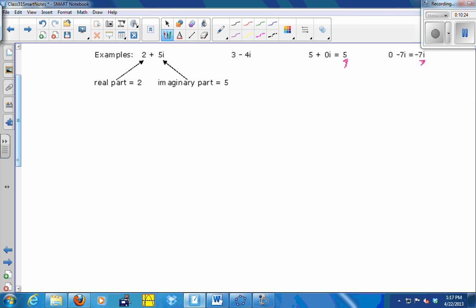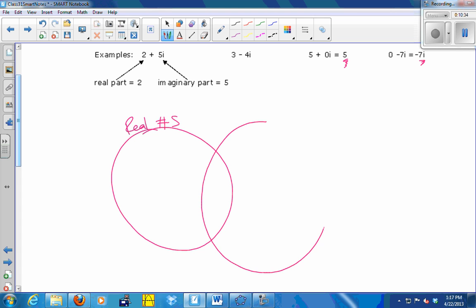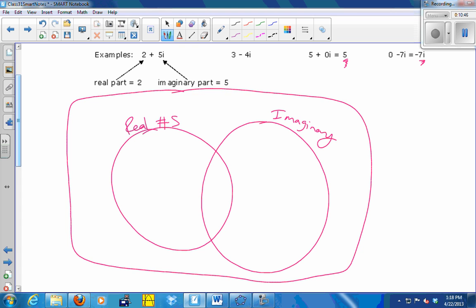So the way this looks is we've got real numbers, your standard numbers that are our good friends. And then over here we've got imaginary numbers that we just invented. And the overlap, this whole thing, is complex numbers.